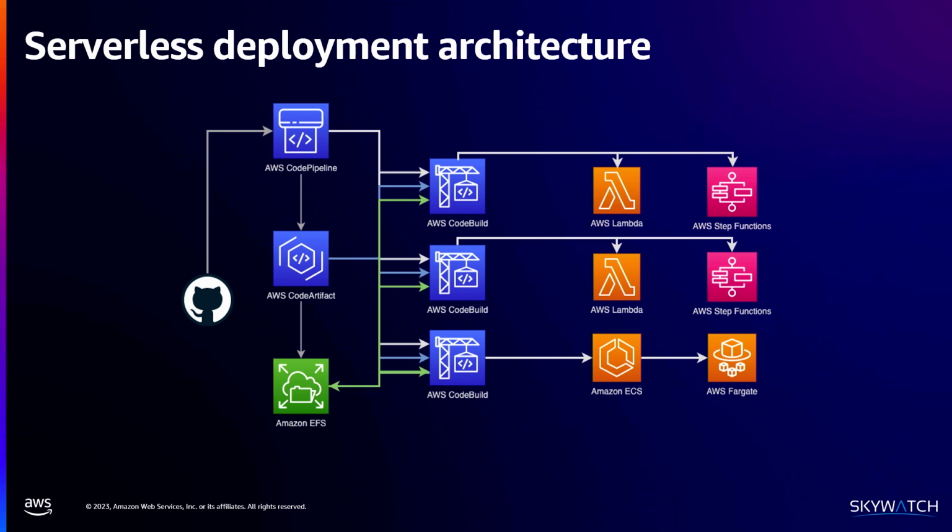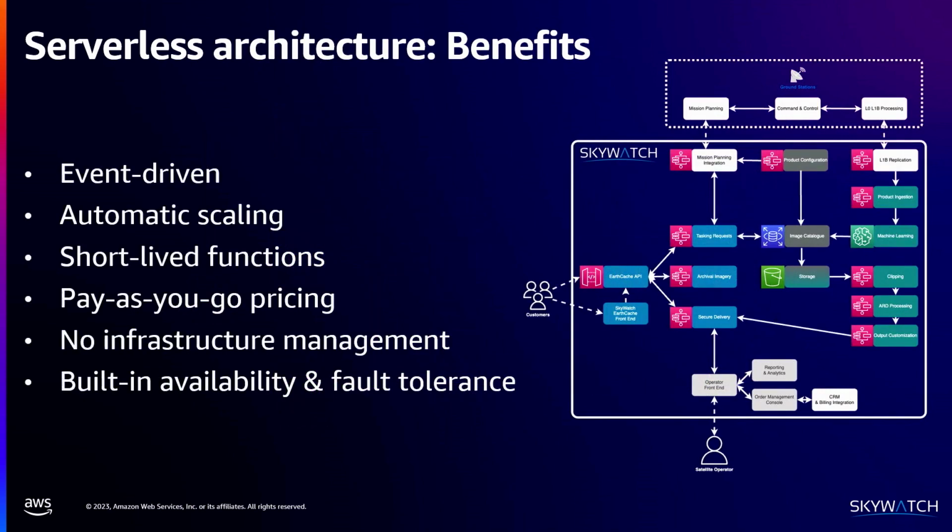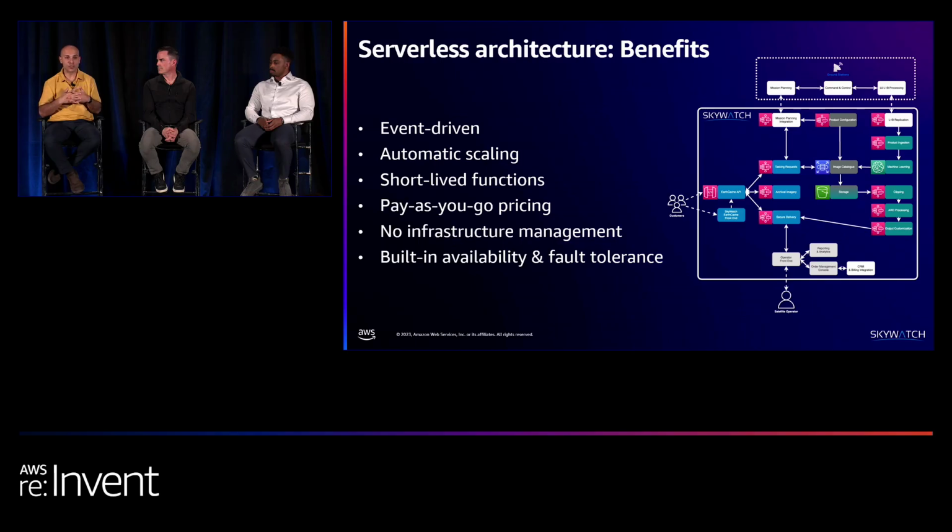That's all taken care of by AWS. And that also facilitates rollbacks if we need in case of an emergency. So, a serverless architecture that's event-driven allows for automatic scaling and short-lived functions, allows us to deliver that imagery for 12 cents per square kilometer.